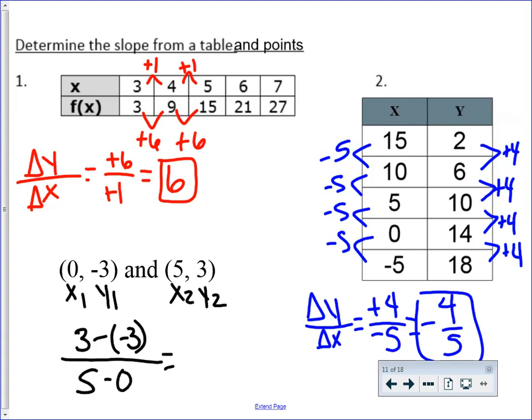Two negatives make a positive, so that becomes 3 plus 3 over 5 minus 0, which is 5. 3 plus 3 is 6 over 5. That does not simplify, so that is my slope. That is my rate of change. All right, let's go on to the next one.